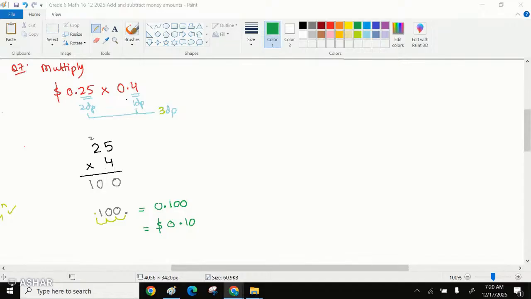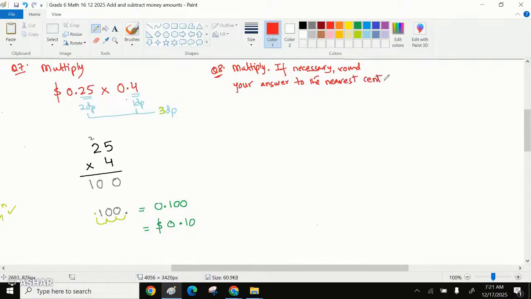The next question, question number 8, says multiply. But it also says if necessary, round your answer to the nearest cent.